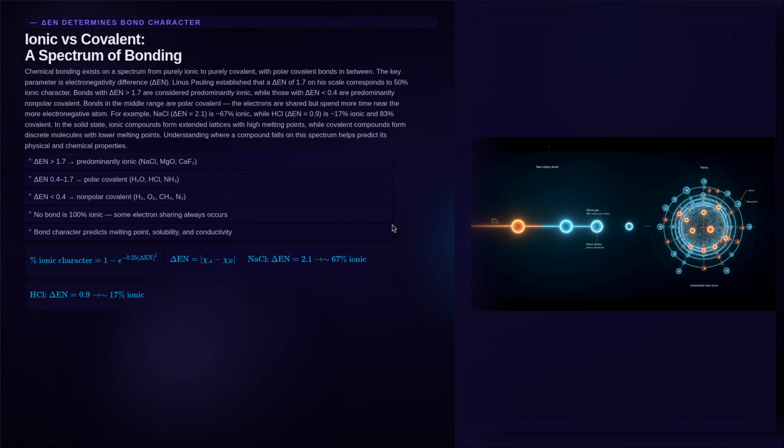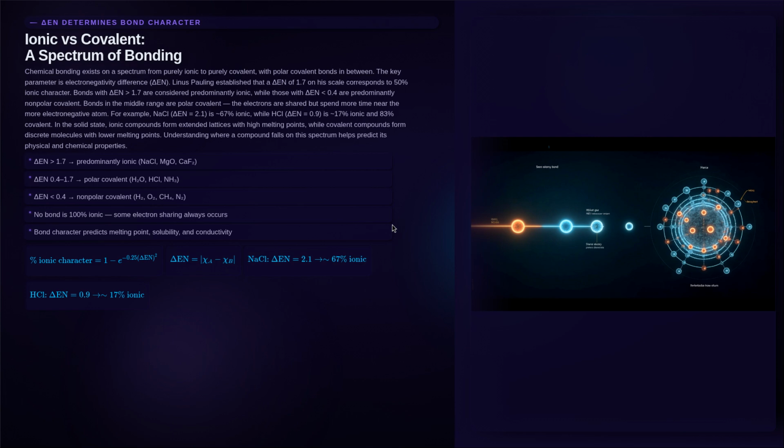The key parameter is the electronegativity difference, or delta EN. Linus Pauling established that a delta EN of 1.7 on his scale corresponds to 50% ionic character. Bonds with delta EN greater than 1.7 are considered predominantly ionic, while those with delta EN less than 0.4 are predominantly nonpolar covalent.